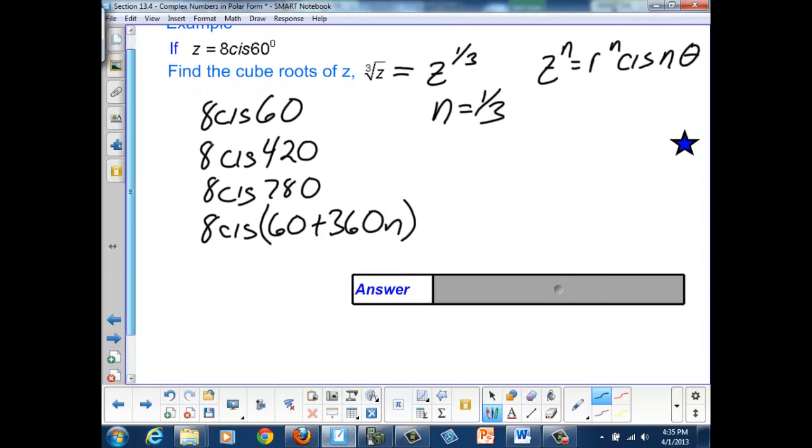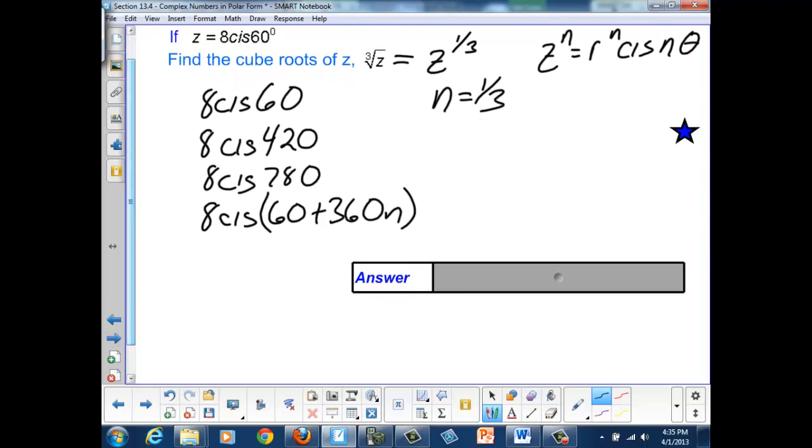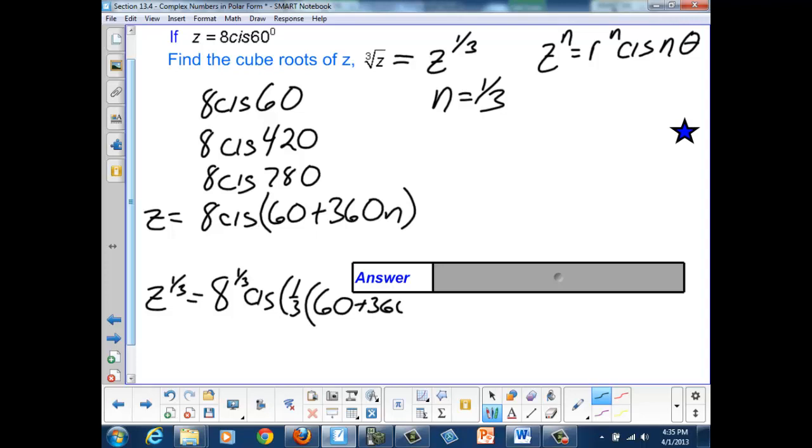So let's start with that expression, 8 cis 60 plus 360n, and I'm going to apply de Moivre's theorem. So if that's z, then z to the 1/3 is going to be 8 to the 1/3 cis 1/3 times the quantity 60 plus 360n.